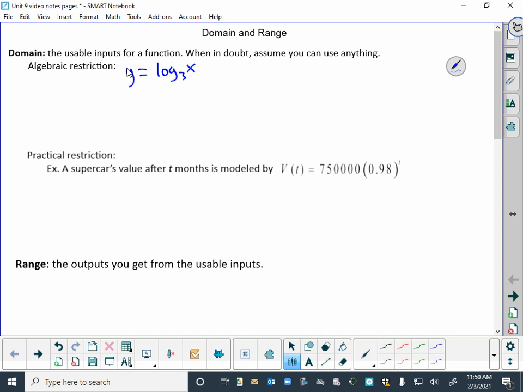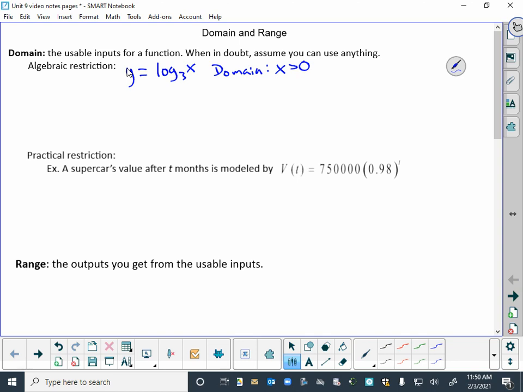So I'm not free to put any value of x in there that I want. The only values of x that I can put in there are x values that are greater than 0. It can't be 0, 0 had a problem, and it can't be a negative number, it can only be numbers that are bigger than 0.